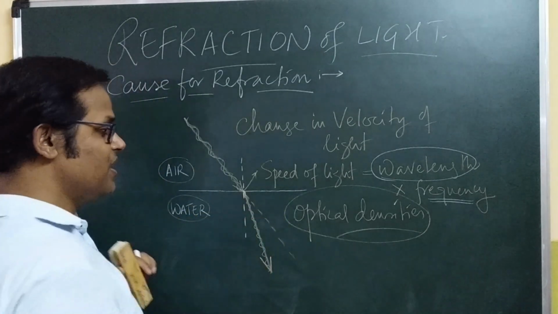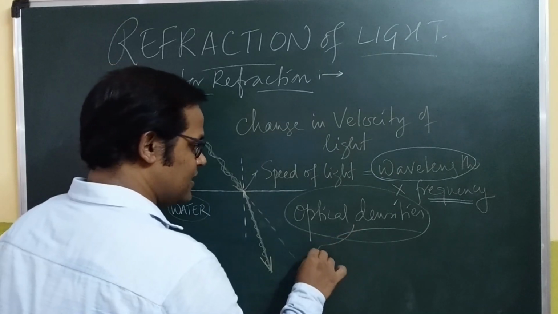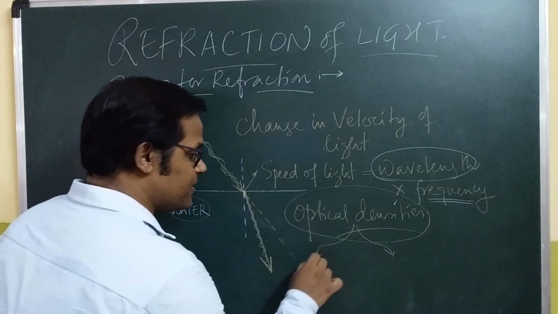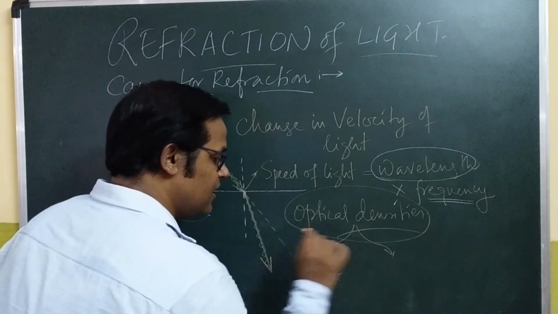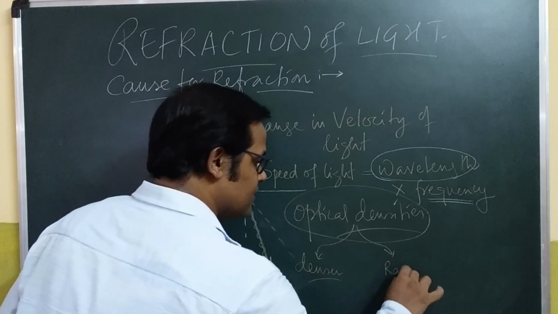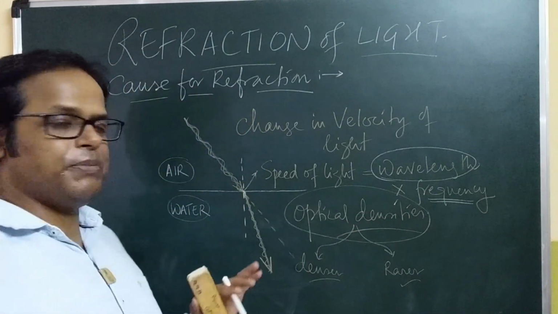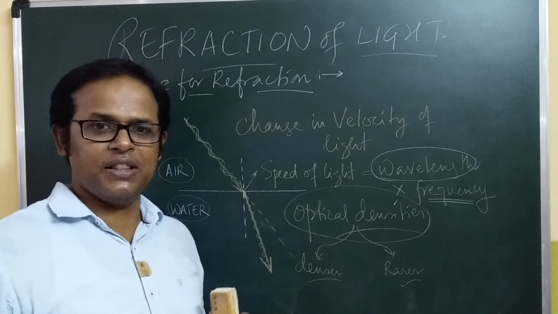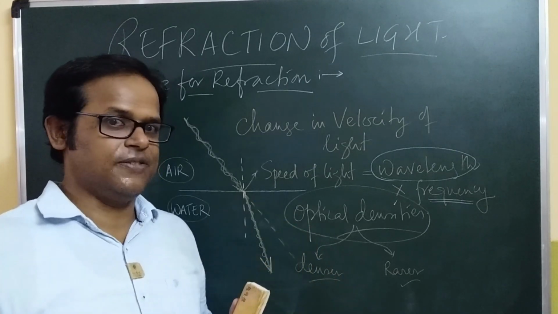Okay, right. So optical densities can be classified into two kinds. Certain mediums can be called optically denser mediums, and certain mediums can be called optically rarer mediums. All right? So let me just make it clear, it's different from mass density, as I told you. For example, the classic example is between kerosene oil and water.